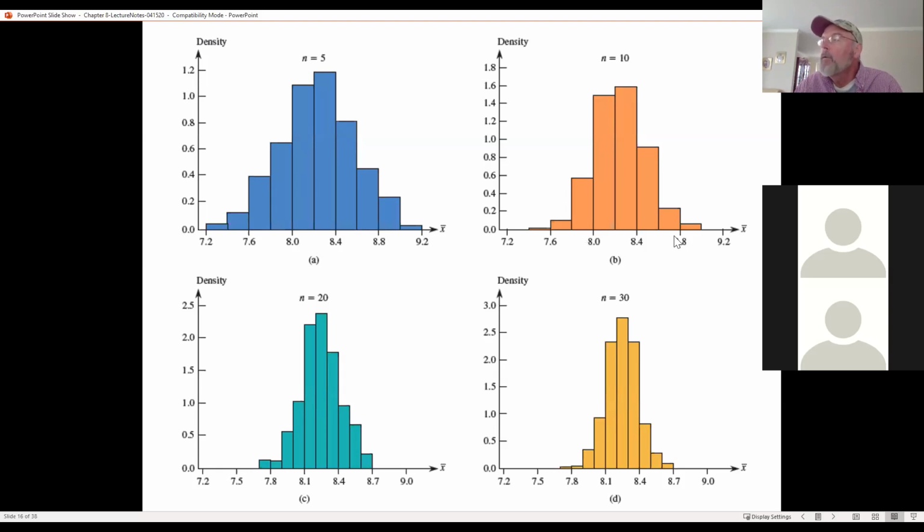So n equals 5 and n equals 10 have the same scale on the x-axis. You can see that this one is more narrow than this one, suggesting that a sample size going from 5 to 10 will reduce the variability.